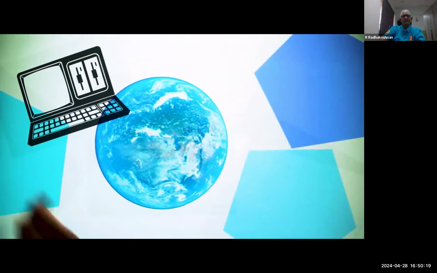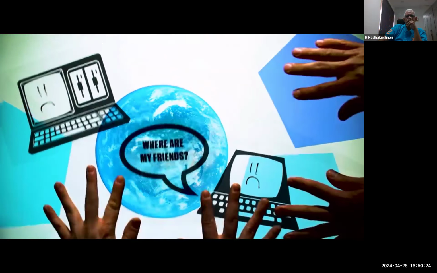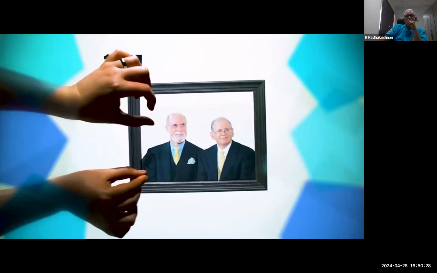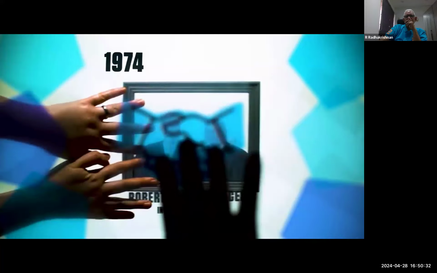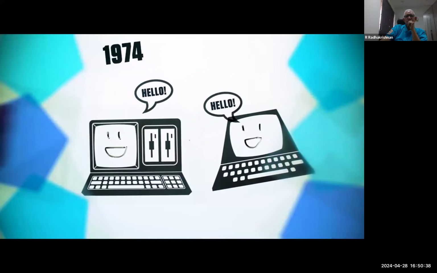Meanwhile, other networks were being built around the world, but they had no way to talk to each other. So in 1974, Robert Kahn and Vince Cerf presented the Transmission Control Protocol/Internet Protocol, or TCP/IP, which acts kind of like a handshake that introduces distant computers to each other, and it makes today's internet possible.